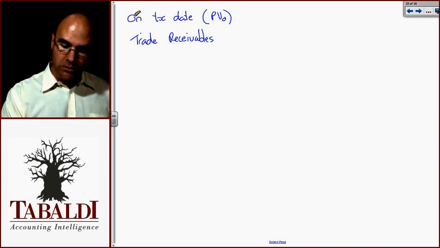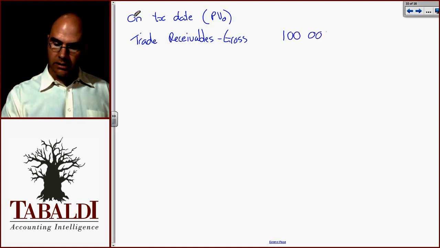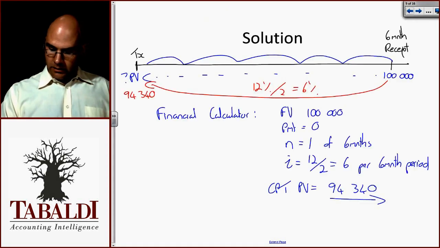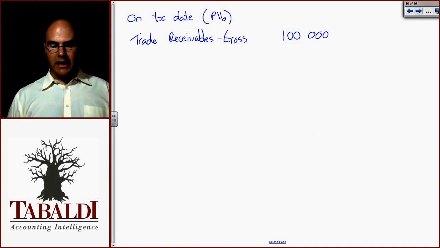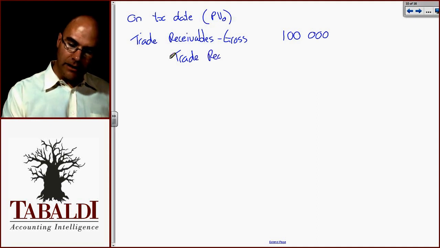So I will go trade receivables gross, and that will be 100,000 exactly. Okay, next up, I'll need to do trade receivables, the unearned finance income component.